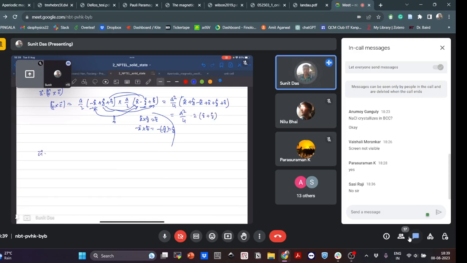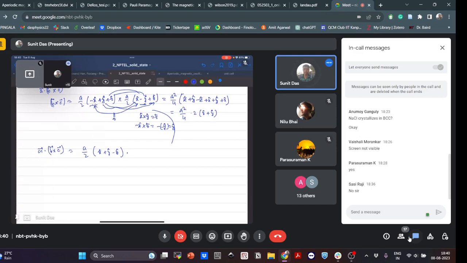So A dot B cross C will be a by 2 dot the vector. So X dot X is 1, X dot Y is 0.